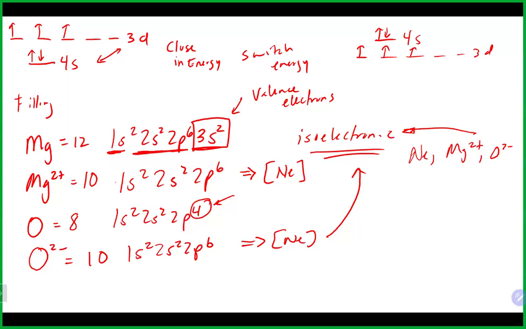Now, with that being said, if we roll to our transition metals, they are a little bit different in terms of how they lose electrons and how they end up. So when we look at transition metals, as we just talked about, the 4s, for example, gets our electrons first, then our 3d.